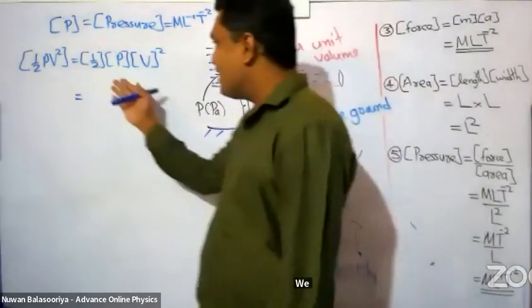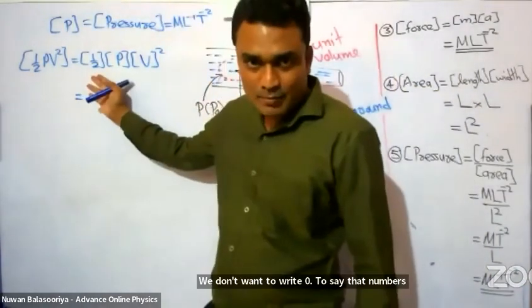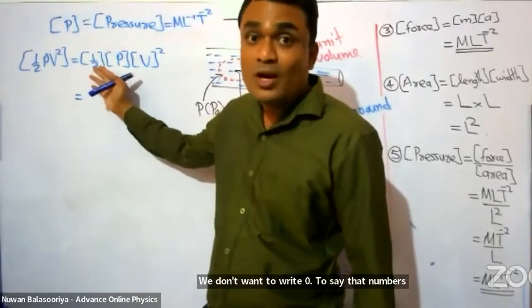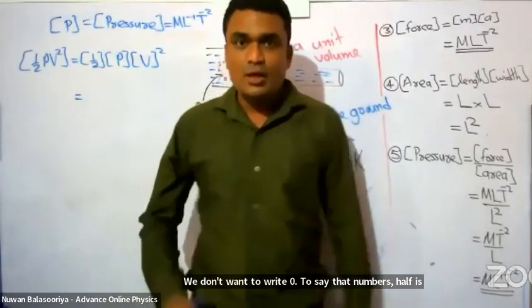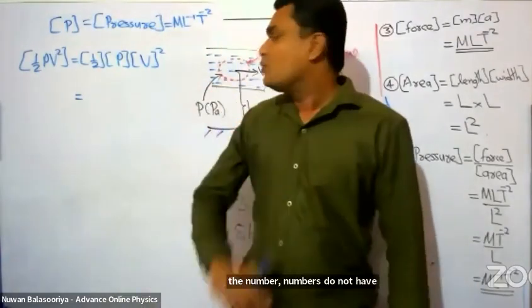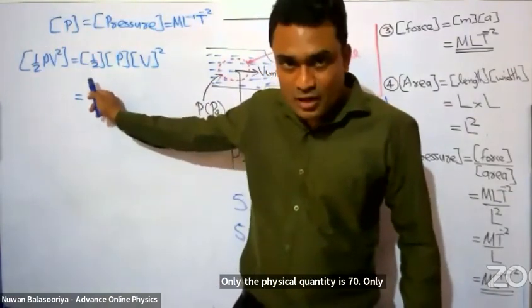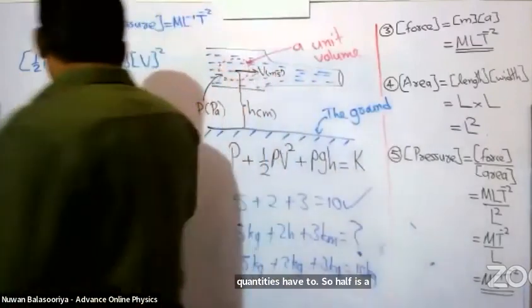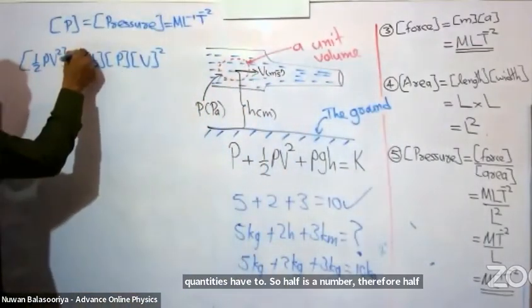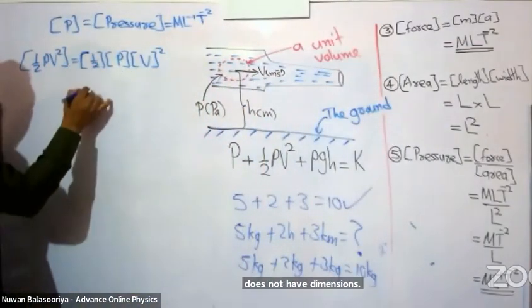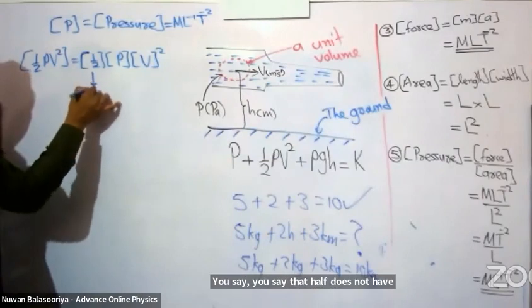Numbers do not have dimensions, only the physical quantities have dimensions. So half is a number, therefore half does not have dimensions. To say that half does not have dimensions, we write number 1.